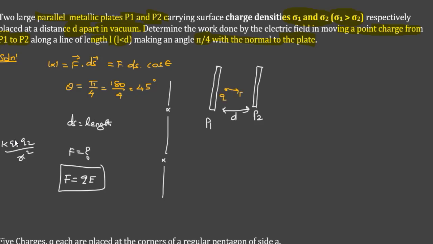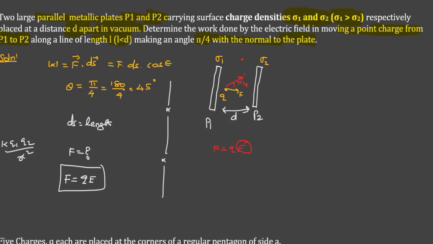This is the force direction, because this is sigma 1 and sigma 2. We need to move a charge from one point to another point with an angle of 45 degrees, which is π/4. For this we need to calculate work. We know that force is nothing but Q into E, but we need to calculate what is E. So we will use the concept based on the surface charge density.